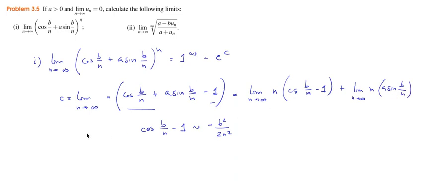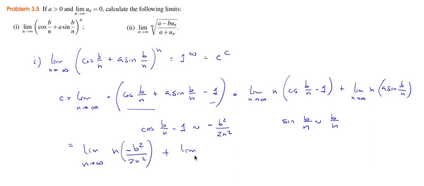Okay? Now, using this, we can rewrite the first term like this. So this is the limit when n goes to infinity of n times minus b squared over 2n squared. And then the same thing with the sine. The sine of b over n is asymptotically equivalent to b over n.